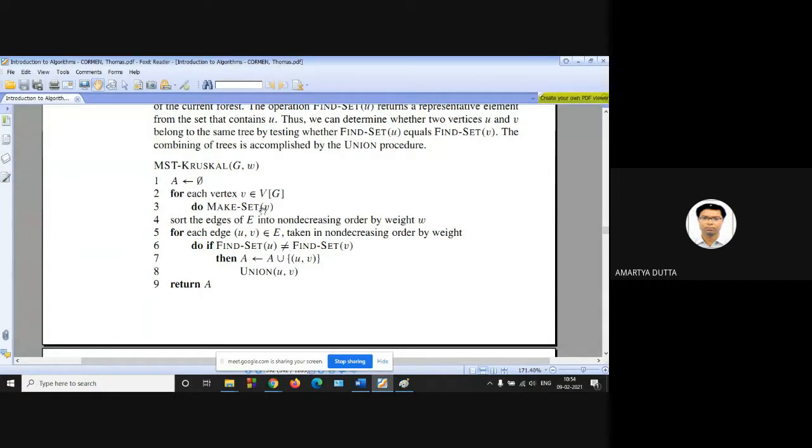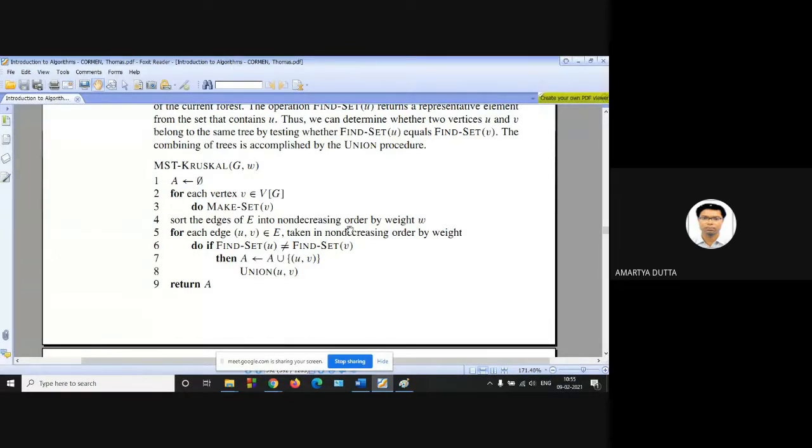Every time it returns the vertex. Now sort the edges of E into non-decreasing order by weight W. So line number 4, you have to sort all the edges of the given graph G in non-decreasing order, basically ascending order, by weight W.